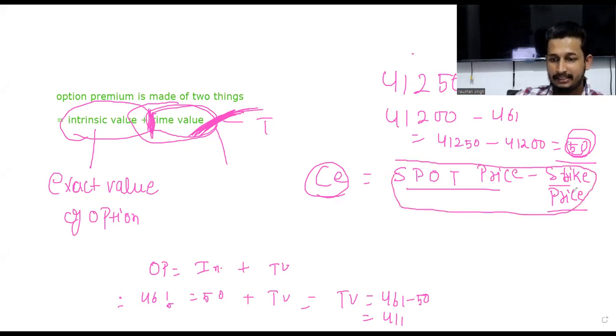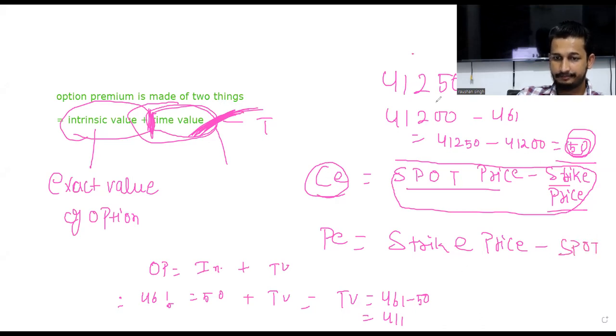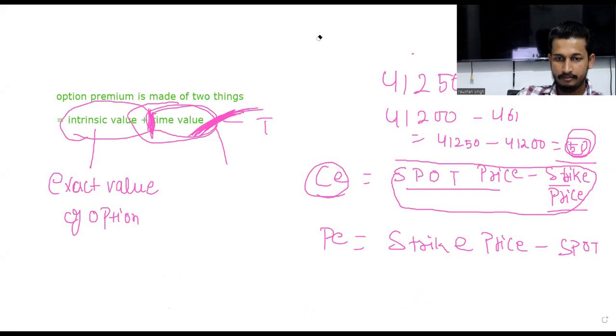Now for call option, please take a screenshot or write down: spot price minus strike price is equal to call option's intrinsic value. Now for put options, it is strike price minus spot price.